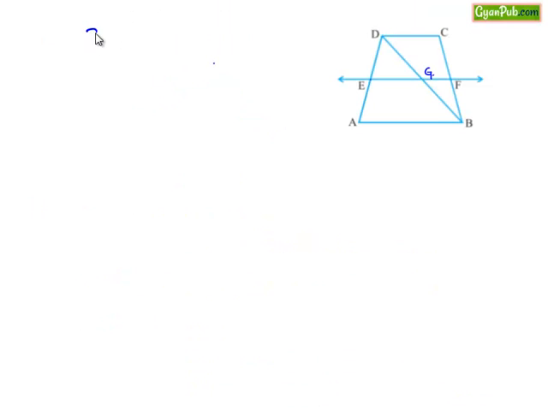Now let us consider the triangle BDC. In triangle BDC, as AB is parallel to DC and AB is parallel to EF, we can say EF is parallel to DC, and as EF is parallel to DC, a part of EF, that is GF, will also be parallel to DC.